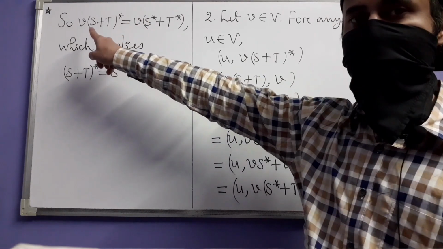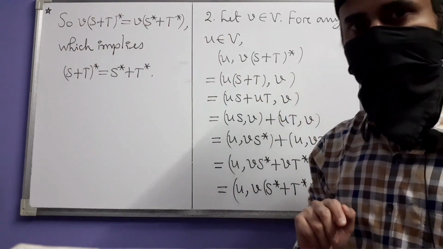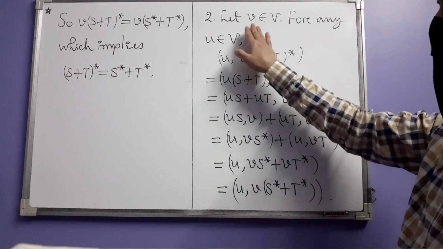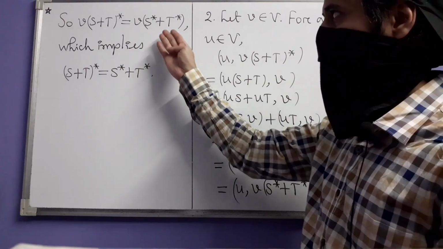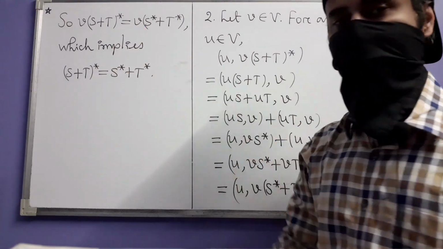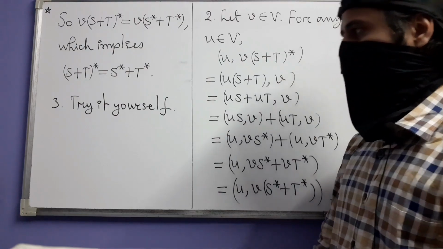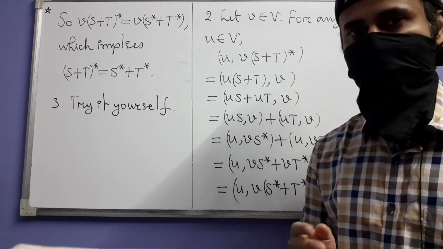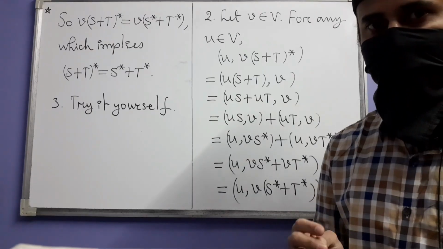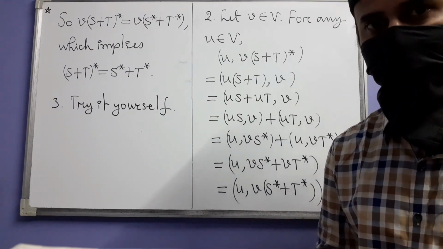The S plus T star image of V is equal to the S star plus T star image of V. But V itself is also, after all, any vector in V. That is why, as operators, these two are identical. So that's how we have number 2. Next, number 3, you similarly try it yourself. But of course, if you still find it difficult to get, you write in the comment section below, then I will do it for you.